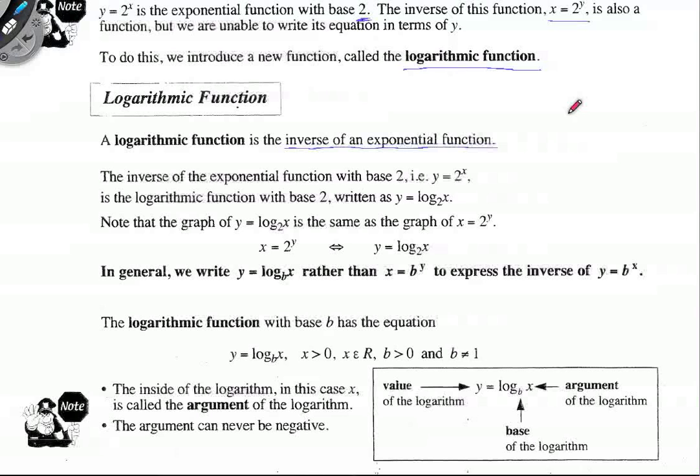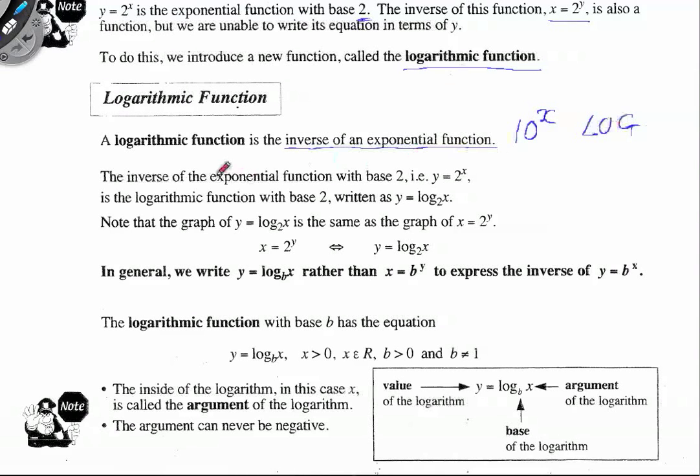So on your calculator, you'll notice that you have the button 10 to the x, and that's also paired with log. You need to press second function to go from one to the other, or shift to go from one to the other on your calculator. It's just indicating that these are inverses of each other.